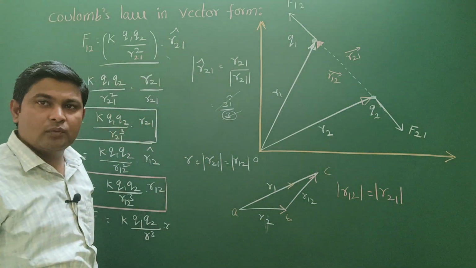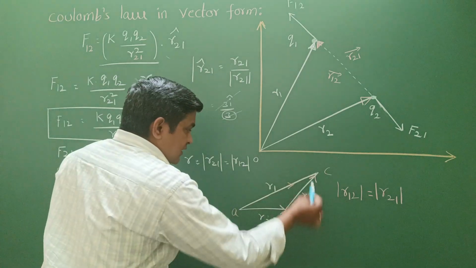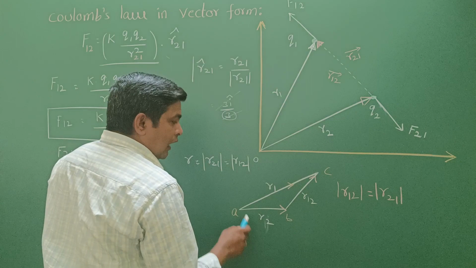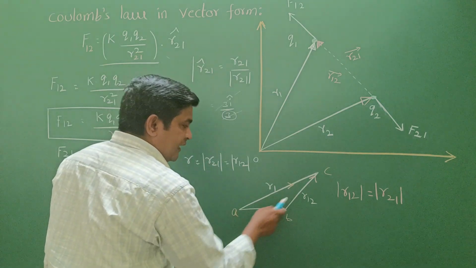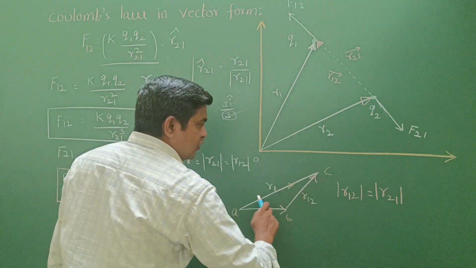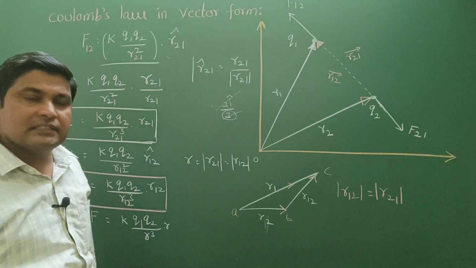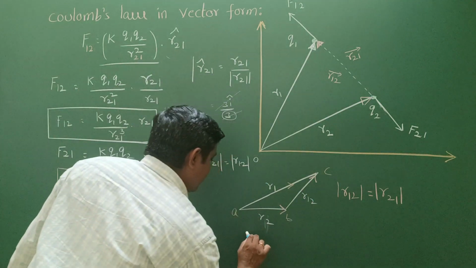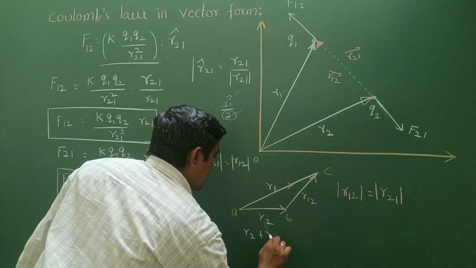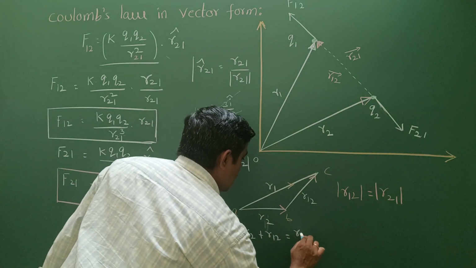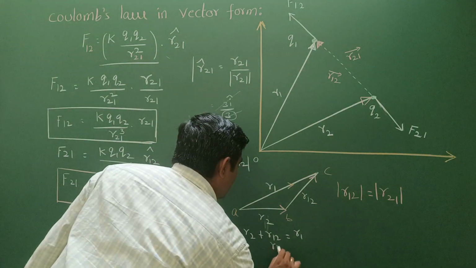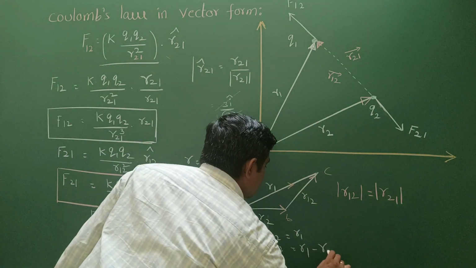Again I am reminding you, the triangle law of vector says that if two sides of a triangle represent magnitude and direction continuously, the closing side of the triangle gives us the resultant. So if you understand this, these two are giving us R2 plus R1 to 2 equals R1. Then R1 to 2 equals R1 minus R2.